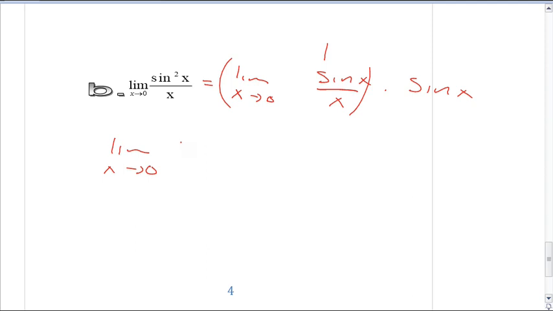It's the product property for limits, so this would be the limit of sine x over x times the limit as x approaches 0 of sine x. So I can evaluate both of them. Before I was just evaluating each piece, but just know you can split it up like this as well. So I get 1 here, and then I get 0 here, and you're multiplying, so you just get 0.